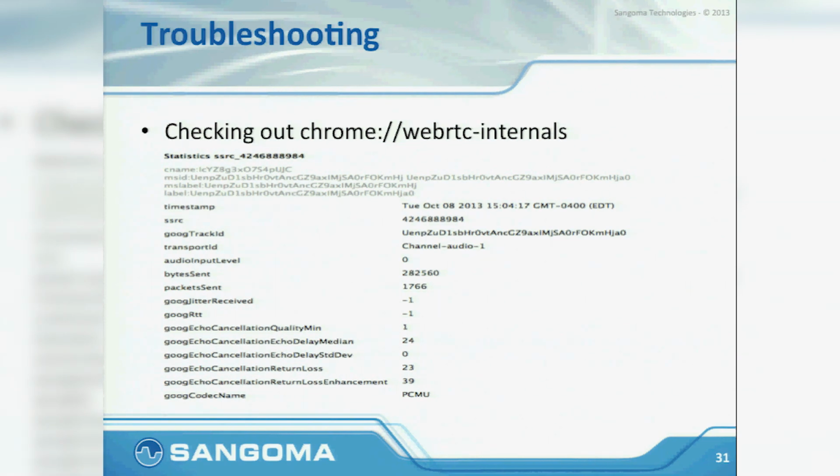There are byte sent and packet sent counters there as well. There is the codec that was negotiated for that particular call. So you can see a bunch of things that may hint you about what is not working if you're having problems. Or if you're just curious about what you're using, sometimes you may be thinking that you're testing the Opus codec, and then you find out that you're really using PCMU, right? And so you're not really testing Opus.